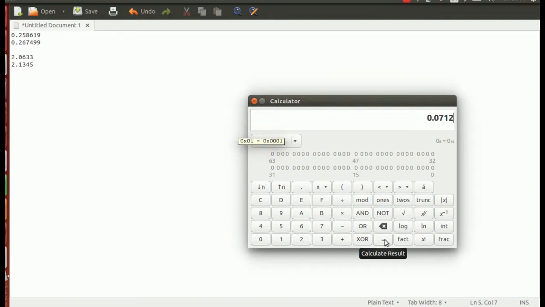So I was expecting 71.1 milliseconds. So the delay offered here is approximately 71.2 milliseconds, which is closely matching with the expected value.